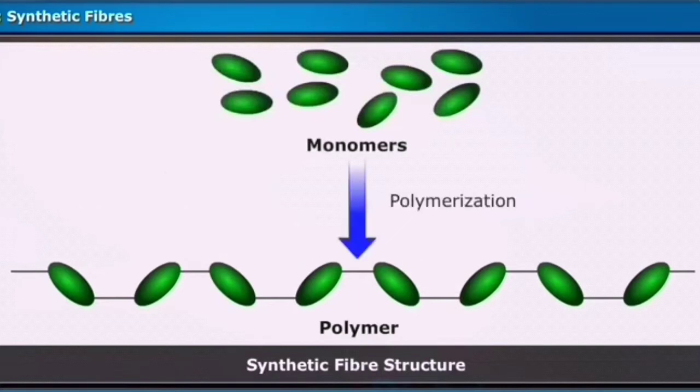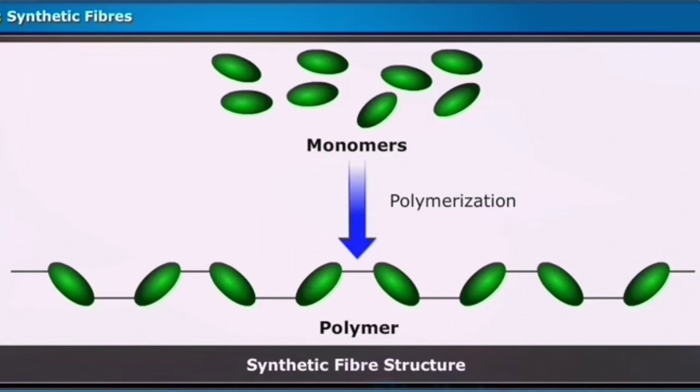This process is called polymerization. The word polymer comes from two Greek words, poly and mer, which mean many and unit respectively. So a polymer is made of many repeating units. Hence we can say that the synthetic fibers are made up of very large units called polymers.